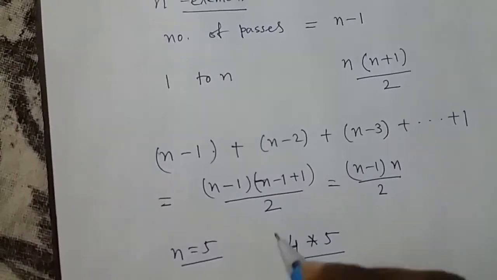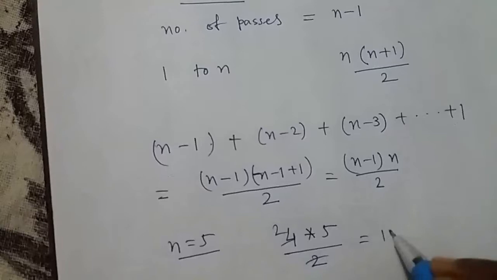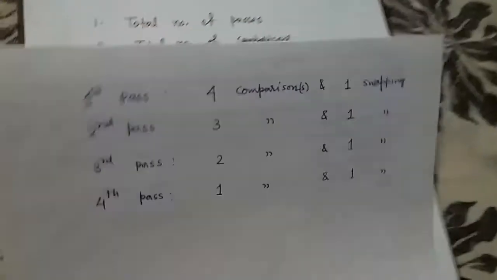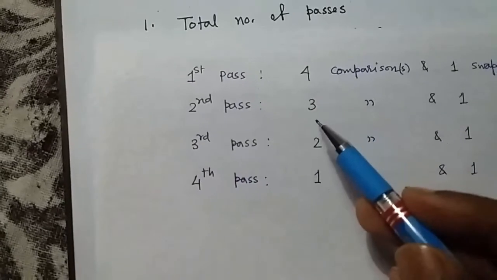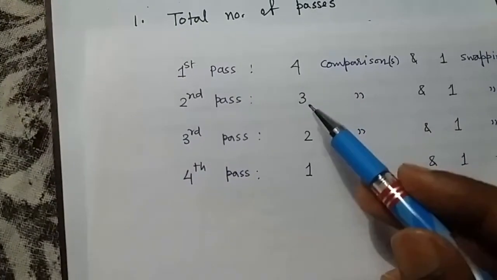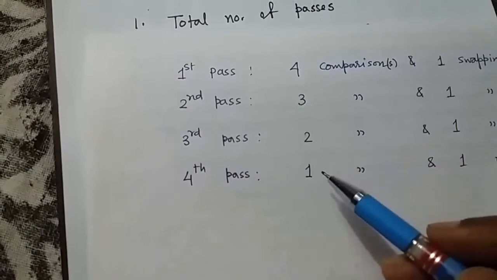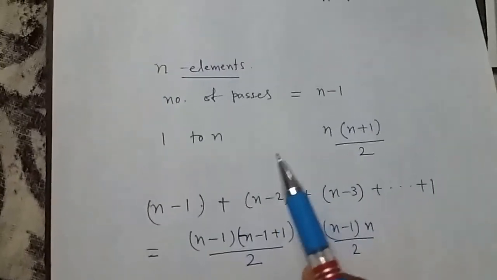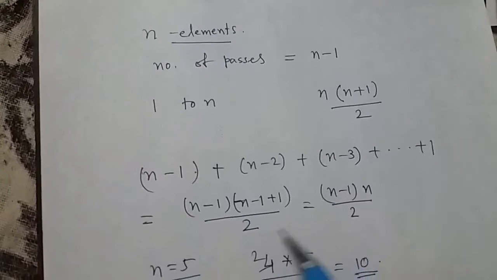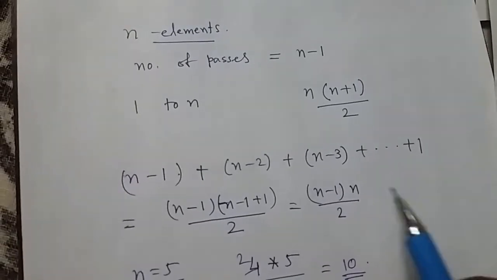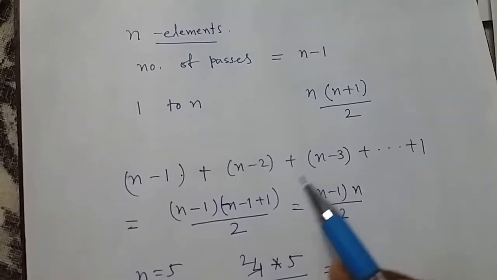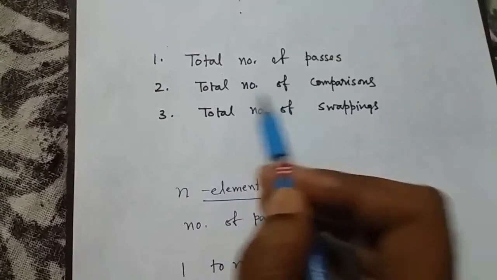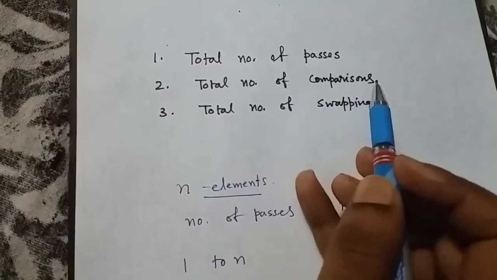So you can see that 5 2s are 10. So total 10 comparisons. So in case of n number of elements, you can directly put the value of n here in this formula, and you can easily get your result for this question, total number of comparisons.